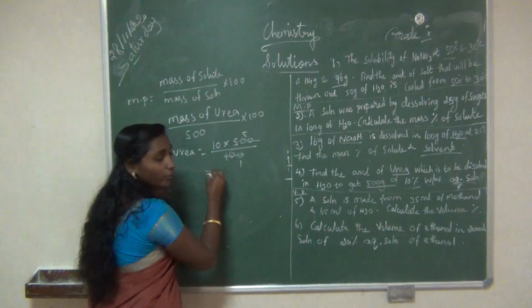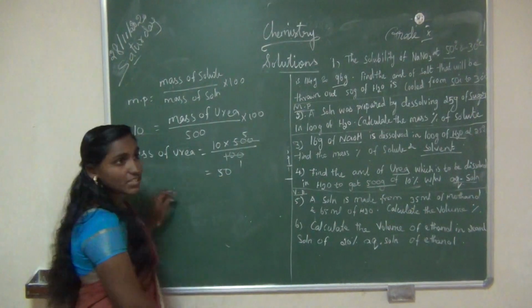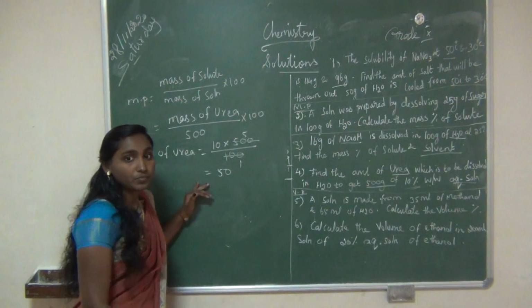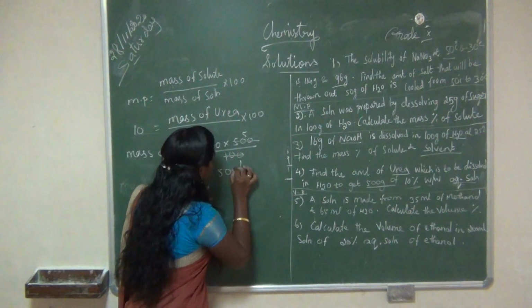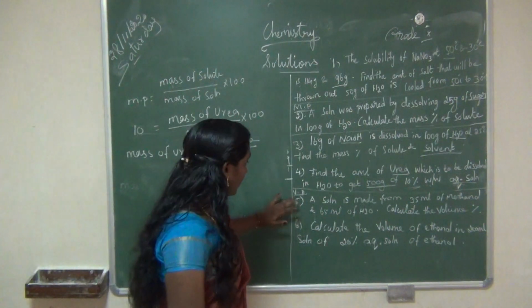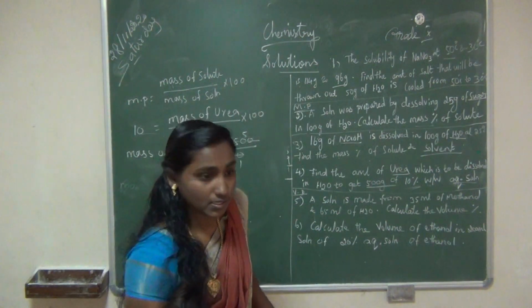So 10 into 5, 50. 50 gram. Okay. 50 gram of urea. The next, volume percentage.